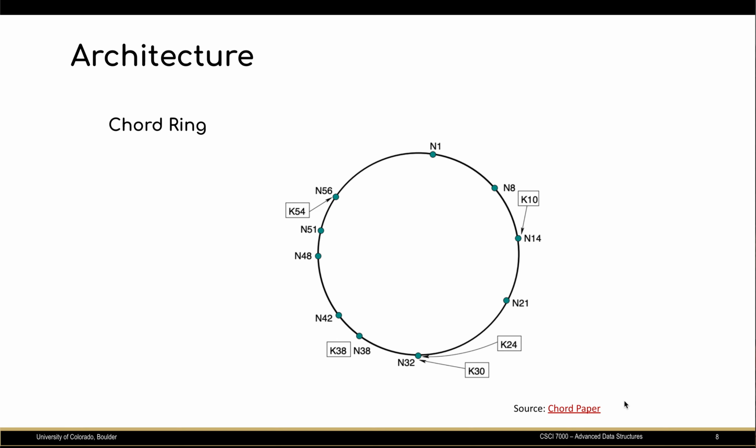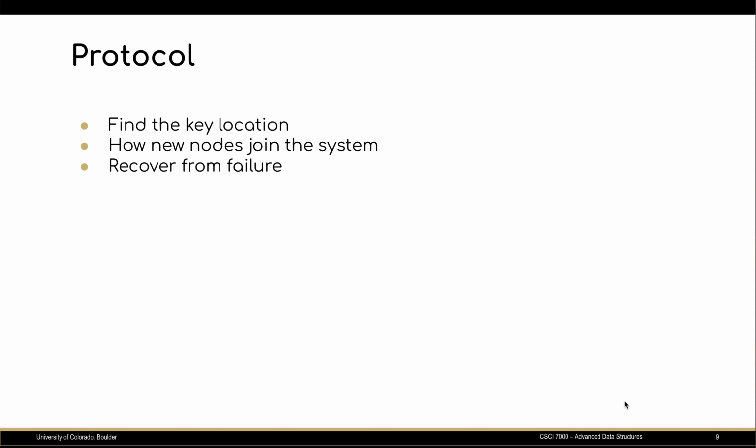Another key observation here is that the key need not be mapped directly to a node. The node may not be present on the ring for that key. So the keys are mapped onto the node which follows immediately after that key in the identifier ring. Some of the protocols of Chord talk about how to find the location of the node which stores that key, or the metadata for that key, which we may be interested in.